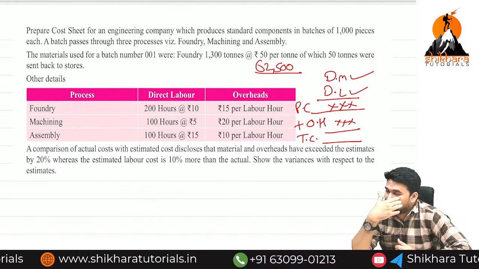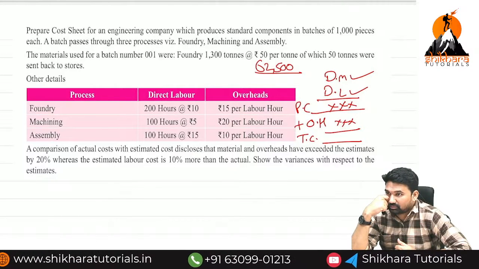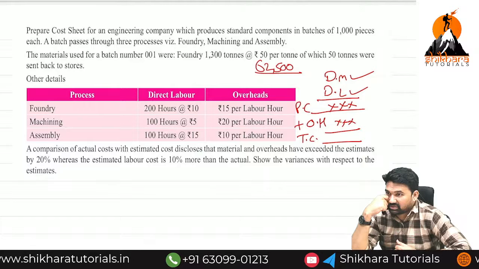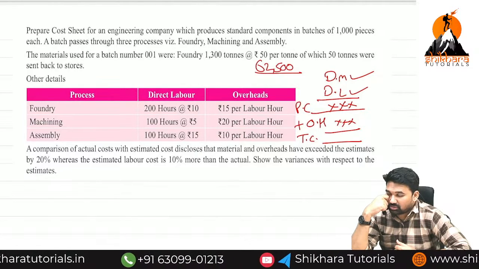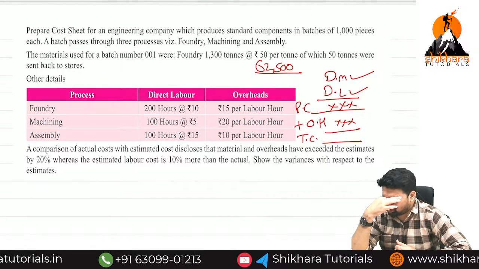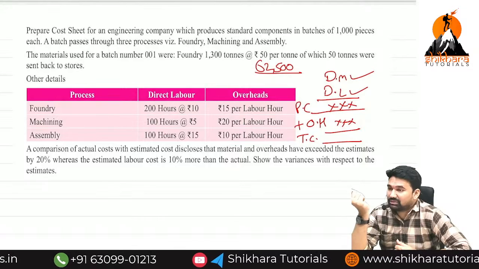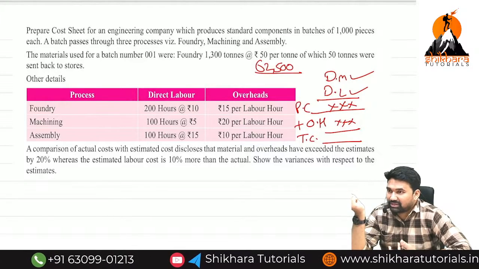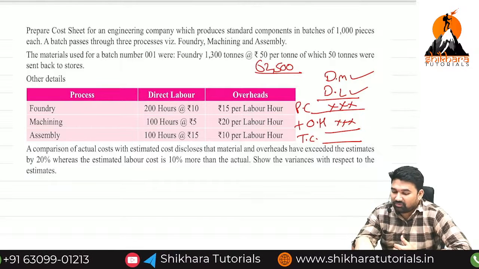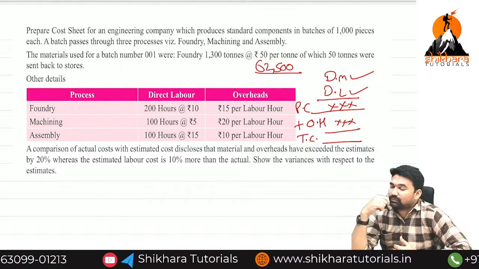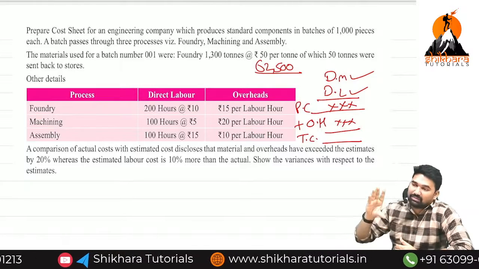Say for example, where is your house, Teja? Guntur. So your house is located in Guntur, and now you are at Hyderabad. So from Hyderabad to Guntur, you are planning to go home with a budget of 500.